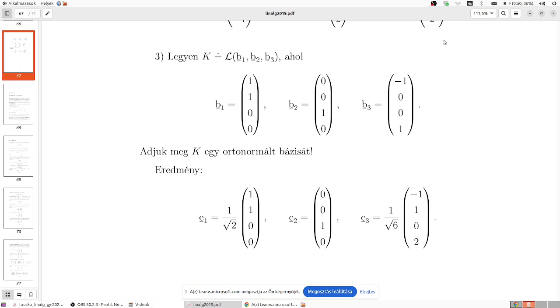So this is the first basis vector. Do you understand? You should know how to calculate the length of a vector.